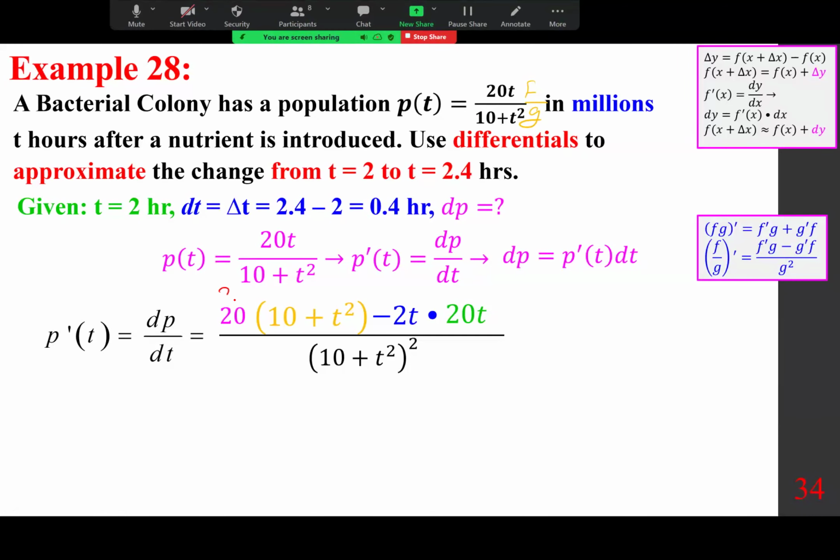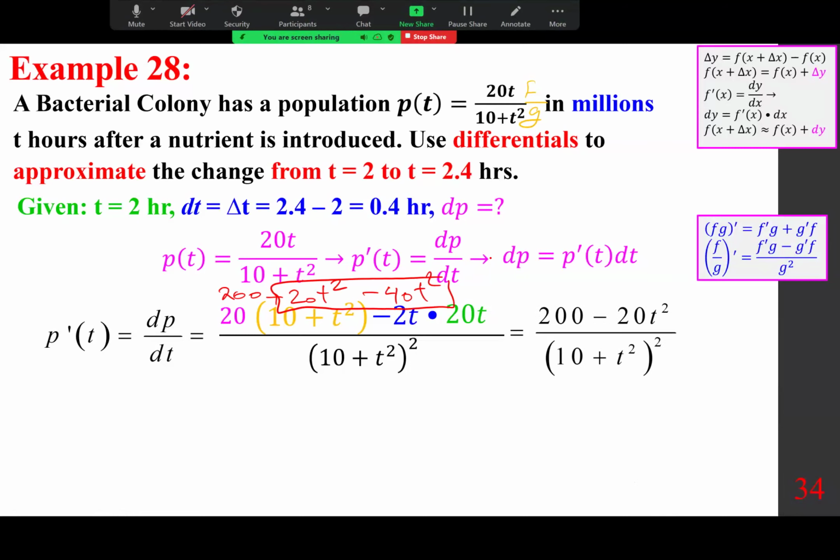We get 200 plus 20t squared minus 40t squared, these two combine. And this is P prime of t, or dP/dt. So what is dP? The same thing times dt.